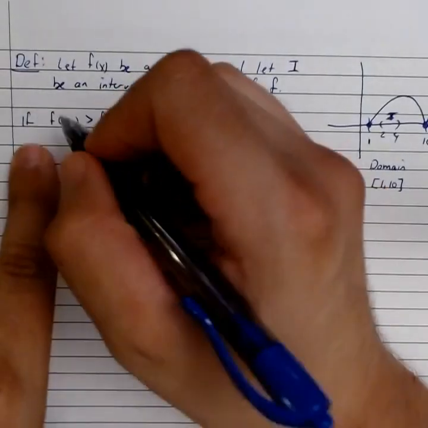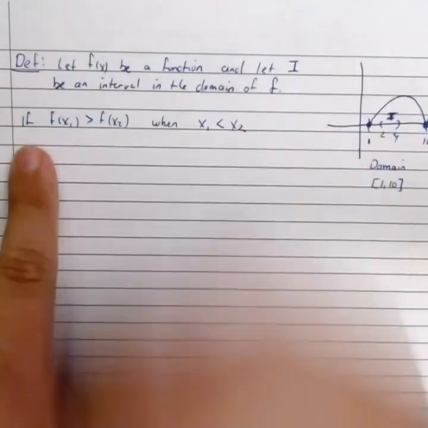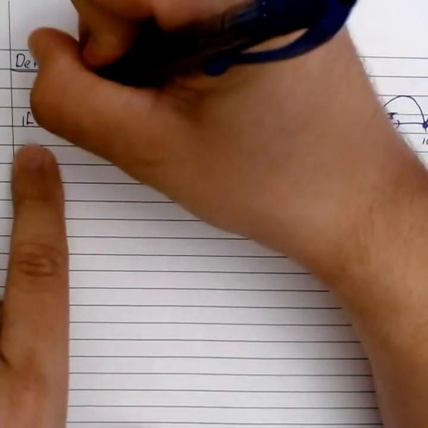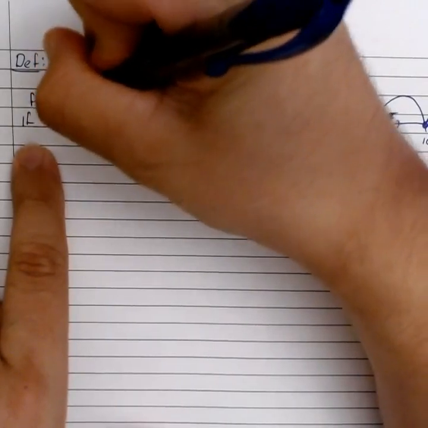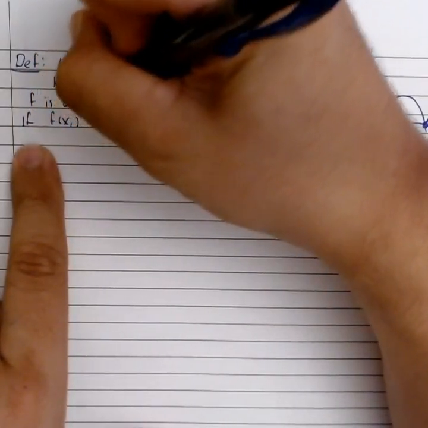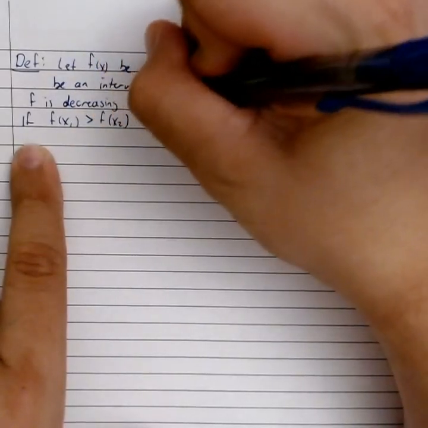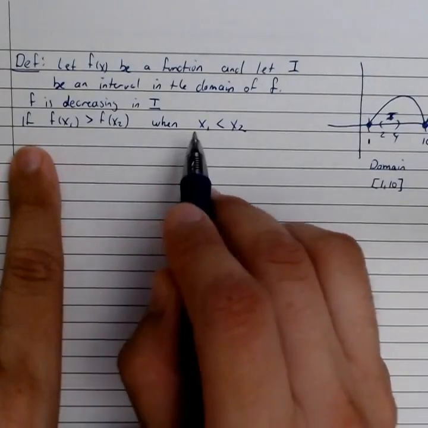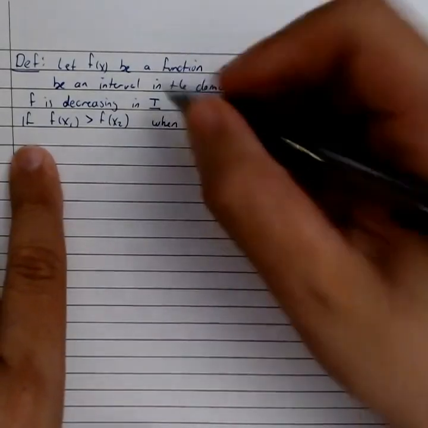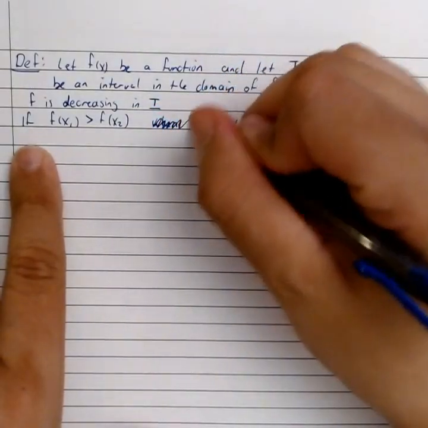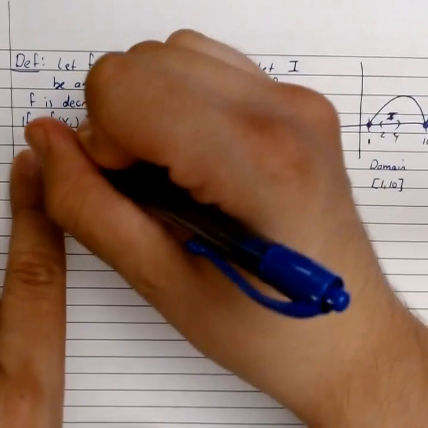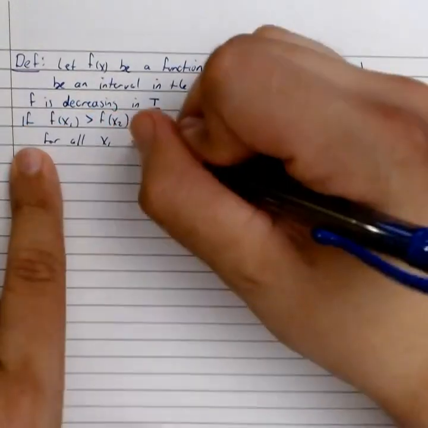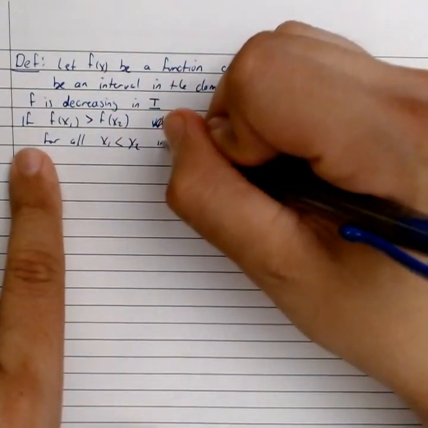Thankfully, I have a little space here. So the function f is said to be decreasing in I if f of x1 is greater than f of x2, I guess I should say for all, not when, for all x1 less than x2 in I.